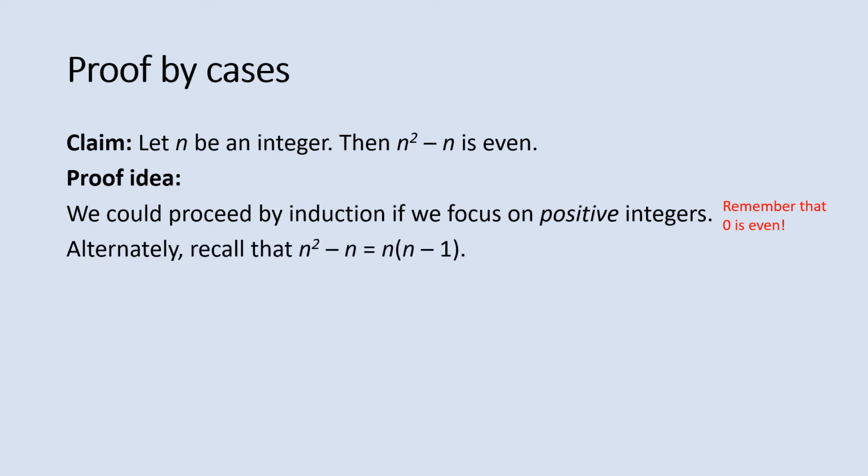So instead, we could try a direct proof, or a more direct proof, considering what happens with n squared minus n. So we want to show that n squared minus n is even. So we look at n squared minus n and remember that it's equal to n times the quantity n minus 1.